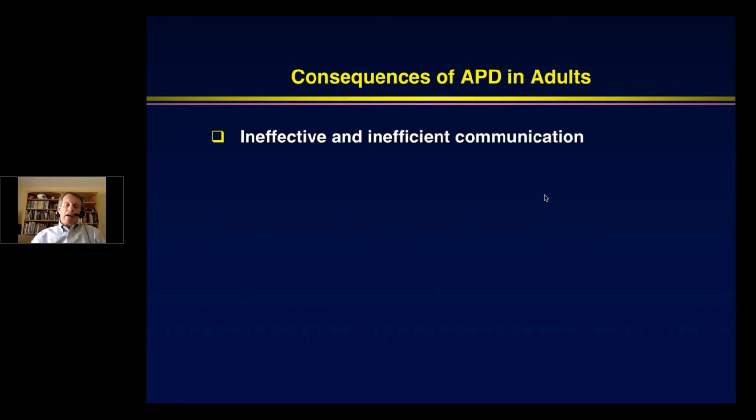Obviously, we can also have ineffective and inefficient communication in adults. And here, the consequences are somewhat different than in children. And we're assuming that the adults, for the most part, have communicated effectively in childhood until they were identified with APD. Well, here we're talking about difficulties with employment, with keeping a job or even getting a job.